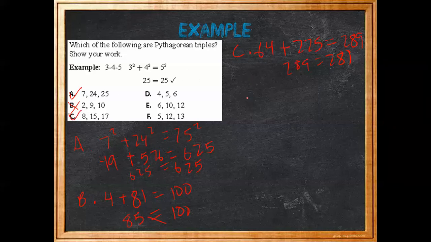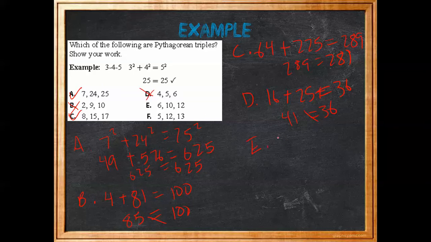For D, we have 4 times 4 is 16, 5 times 5 is 25, and 6 times 6 is 36. 25 plus 16 is 41, which does not equal 36, so this one does not work.